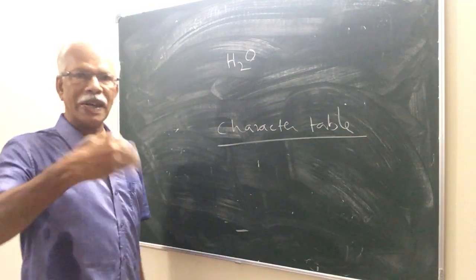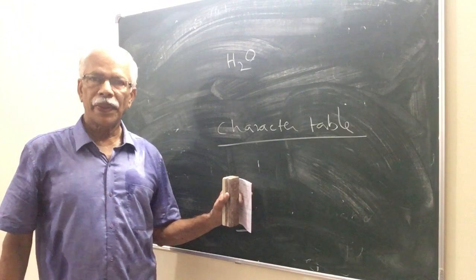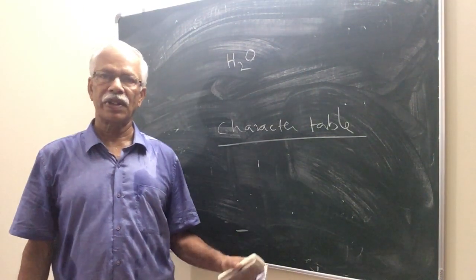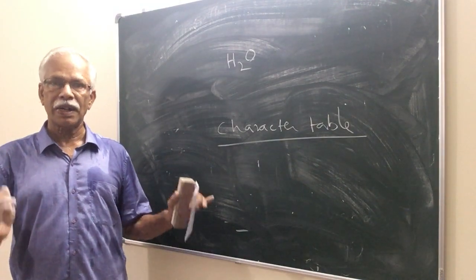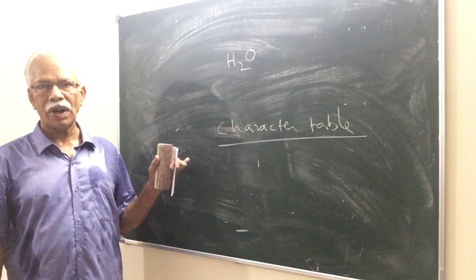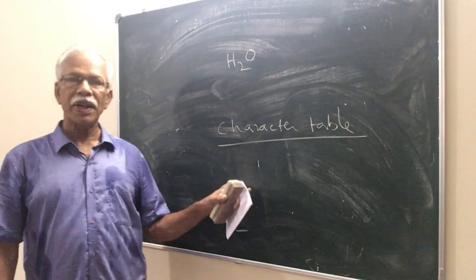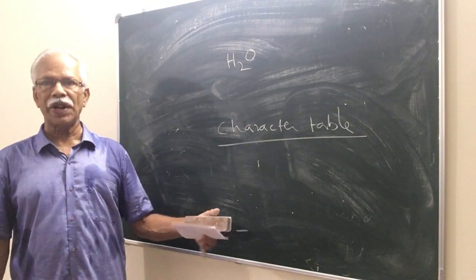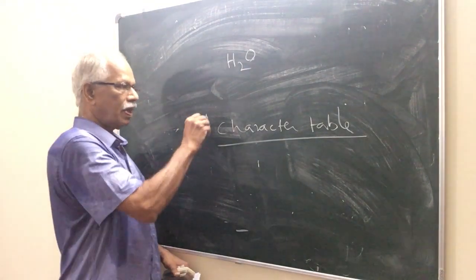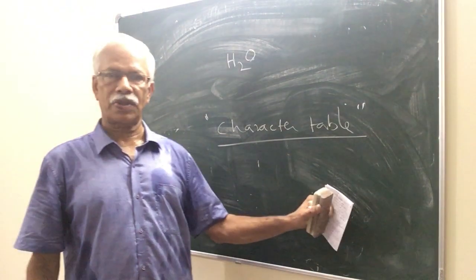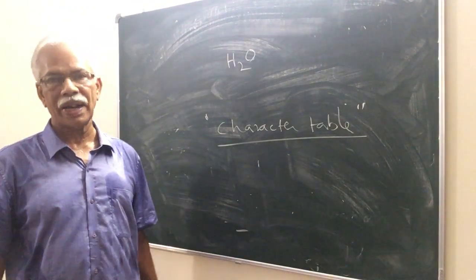The character table spells out the number and type of irreducible representations, which are of very fundamental significance for a particular point group. So naturally, we are stopping here with the hope that in the next video we will discuss the character table and the various theorems pertaining to it.